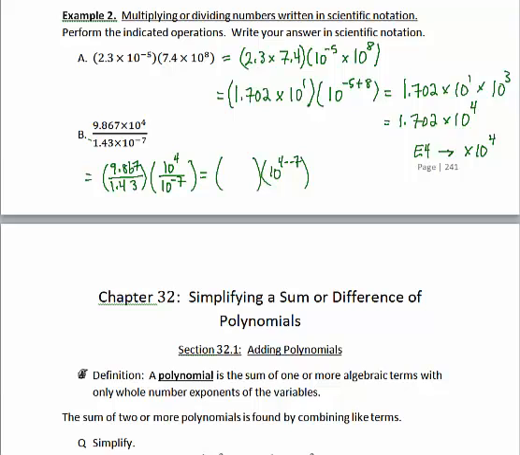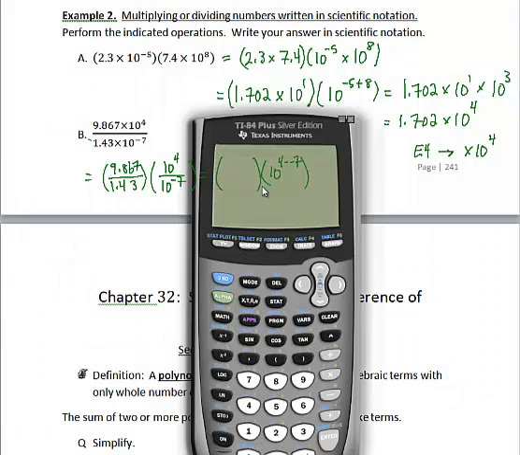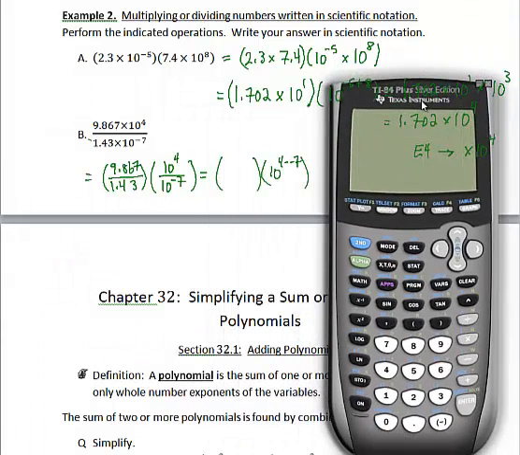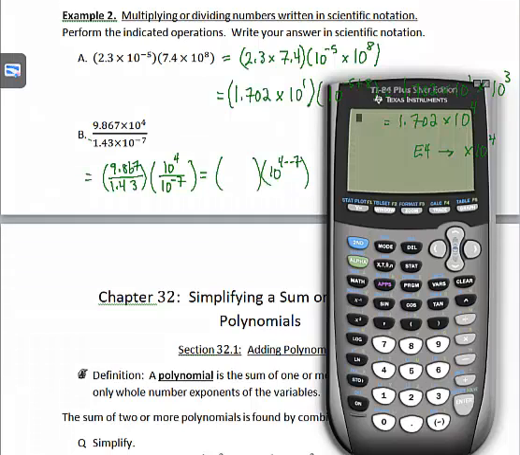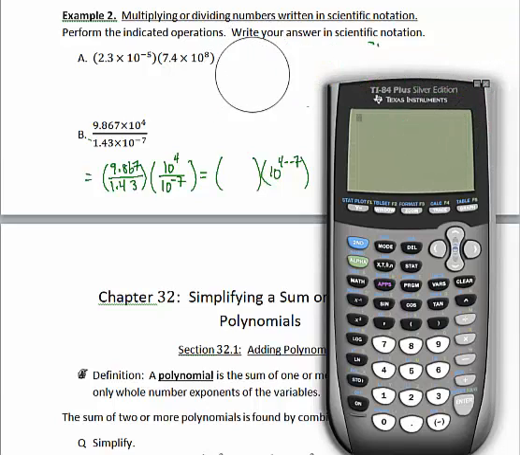And then I'll pull up my calculator to figure out what 9.867 divided by 1.43 is going to work out to be. 9.867 divided by 1.43, enter.